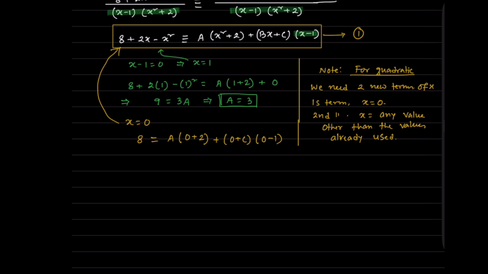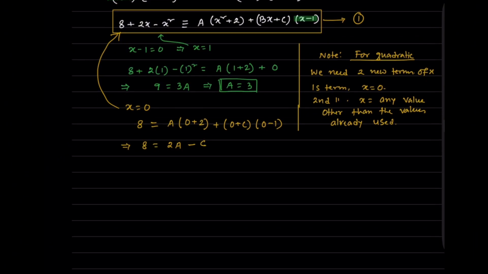So we get 8 equals 2a minus c. From here we can directly get c because we already know a: 8 equals 2 times 3 minus c, so c is 8 minus 6, that will be minus 2. So we got these two values, a and c.